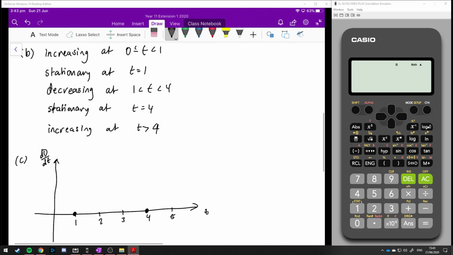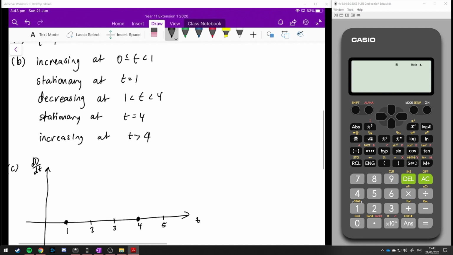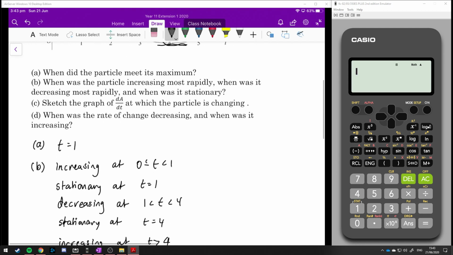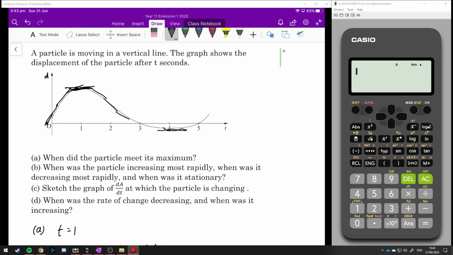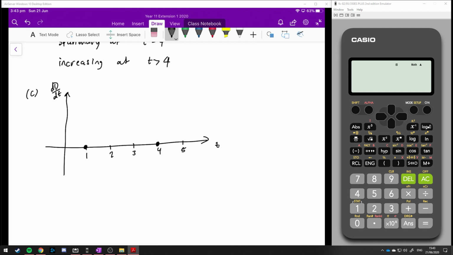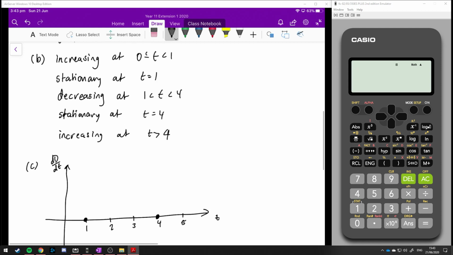You could put together a table of values as a quick guide. But we can see a horizontal flat line at 1 and another at 4, so the derivative at those two points is equal to 0. So when I graph the derivative, at the points 1 and 4, my point will be at 0.